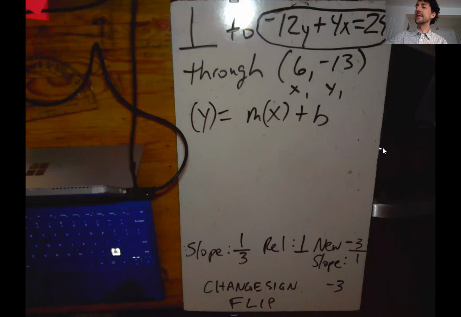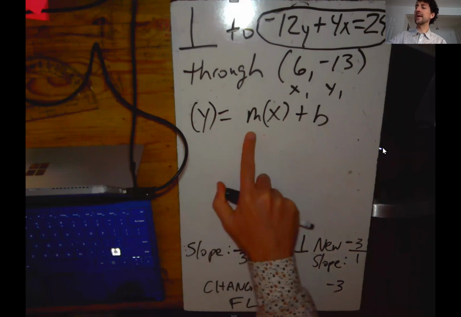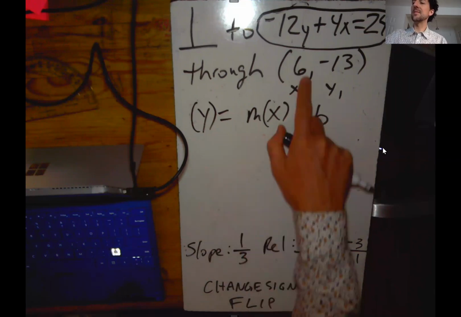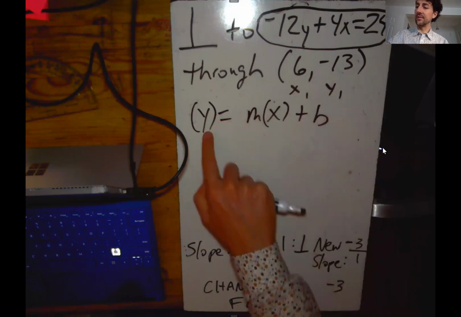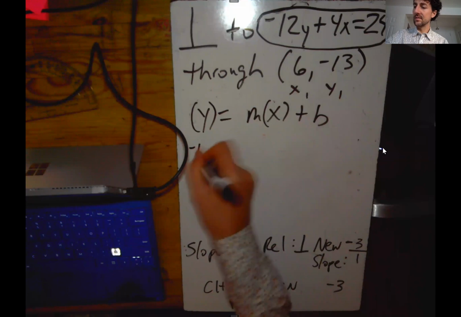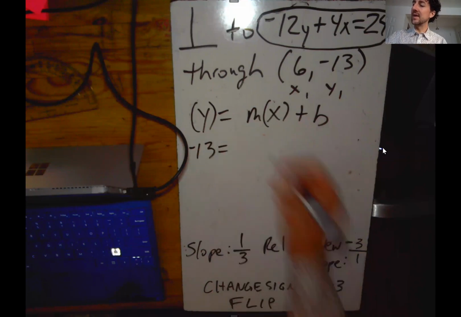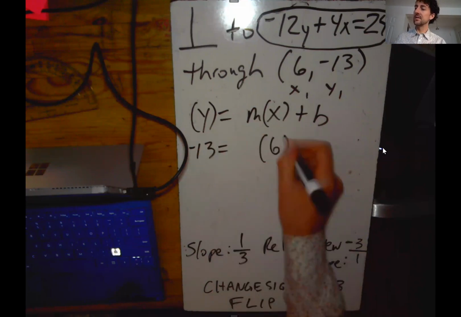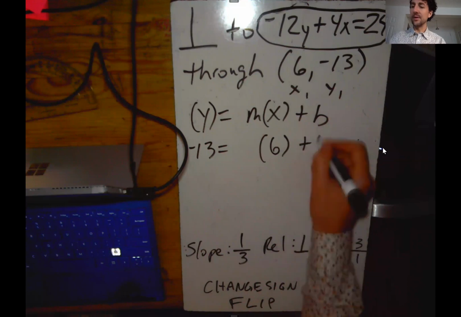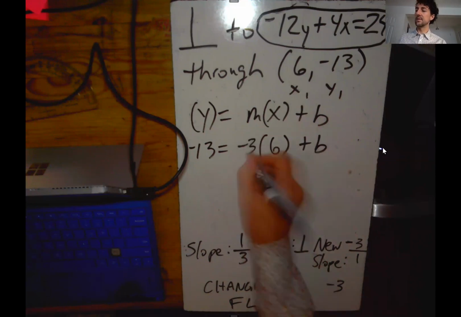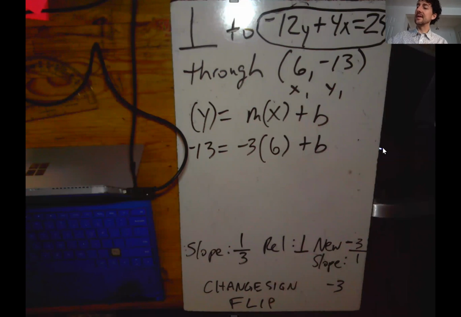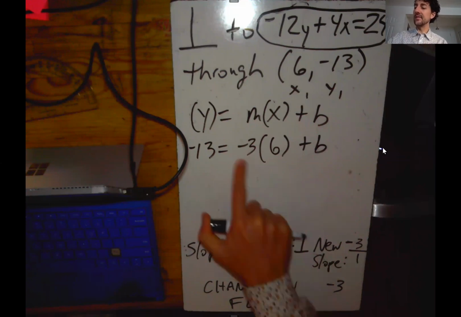So now we need to write the equation of the new line, bringing in the coordinate (6, -13). So my y value, negative 13. My x value, 6. My b value, I still don't know yet. And then I need to bring in my new slope of negative 3. Now I'll say negative 3 times 6 is negative 18.